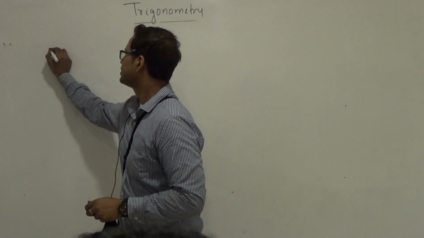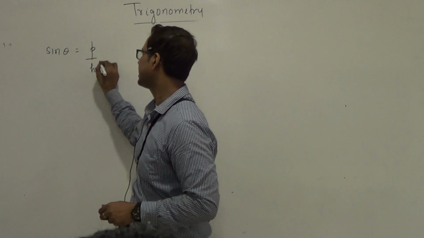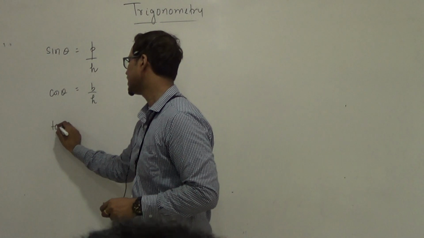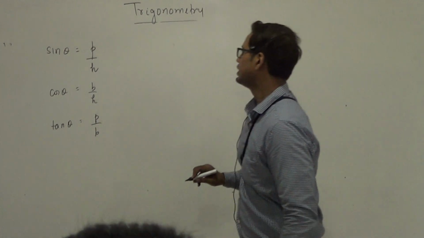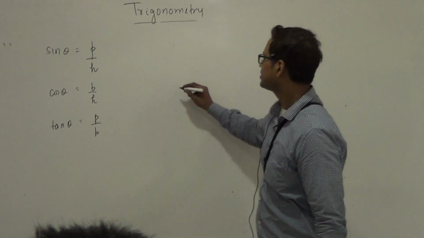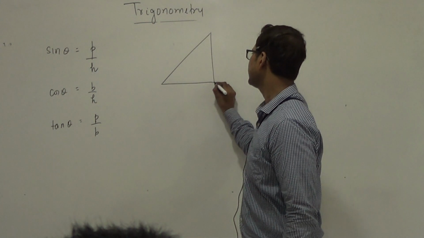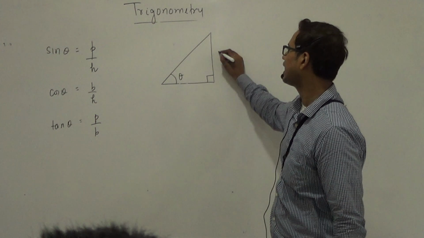When you learnt these 6 trigonometric ratios, sin theta, cos theta, tan theta and all, correct? Now, many people have this misconception that these particular ratios are actually applied only to a right angle triangle like this.